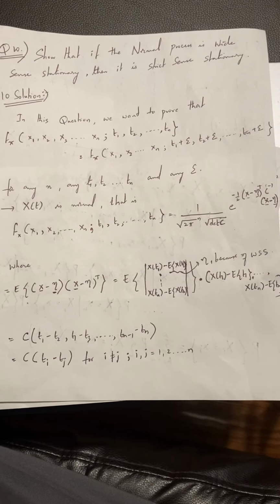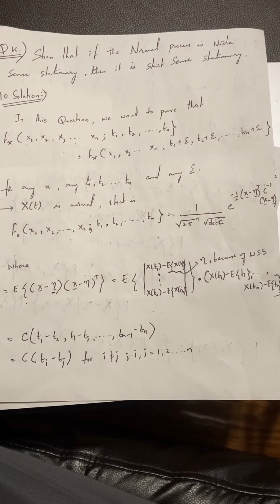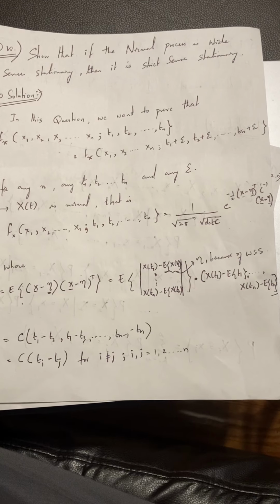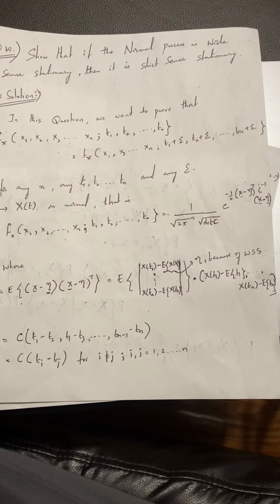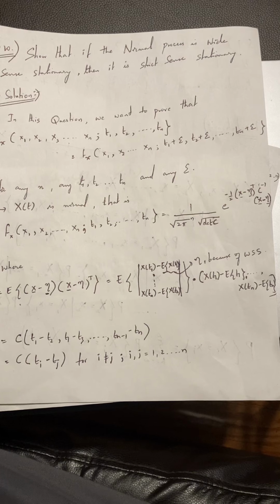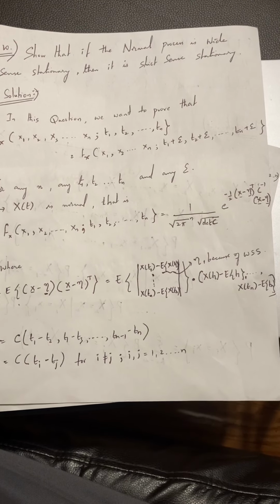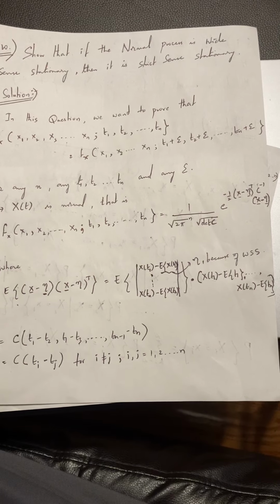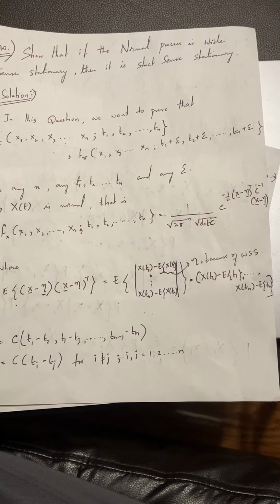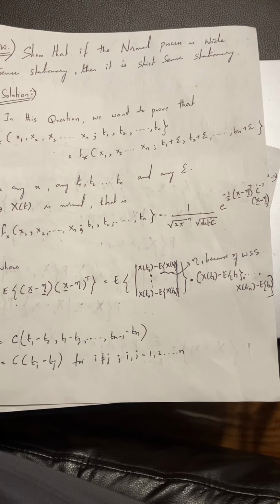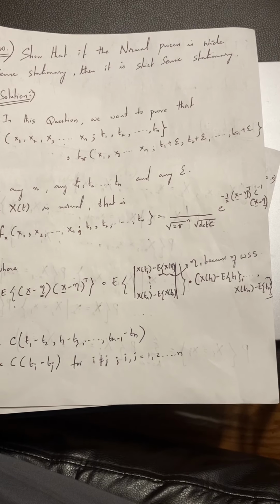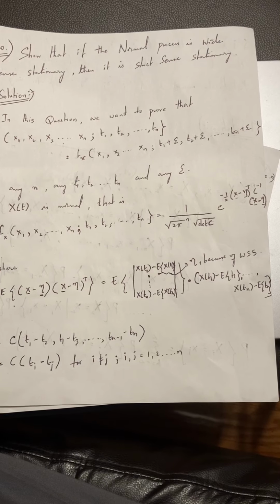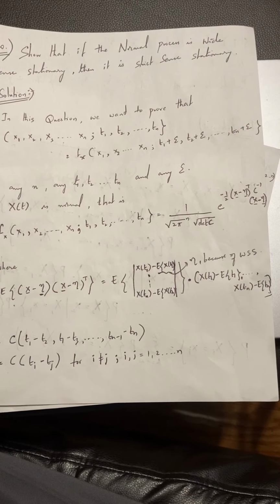So we are writing that in the determinant form here, which is E of (X(t1) minus expected value of X(t1)), and so on up to (X(tn) minus expected value of X(tn)), into (X(t1) minus expected value of X(t1)), and so on up to (X(tn) minus expected value of X(tn)). We clearly know that the expected values of X(t1), X(tn), and so on are basically eta.